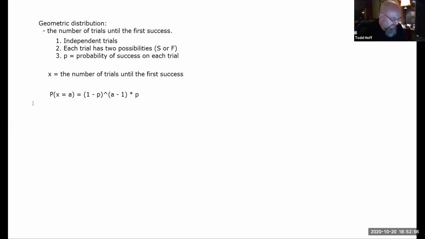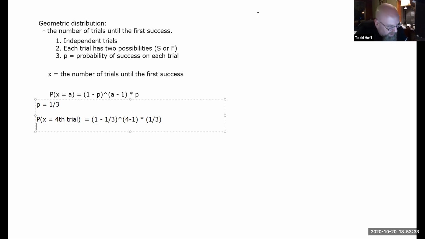So let's look at our example from before, where P is 1/3. We're rolling a die, a 1 or a 2 is a success, and 3, 4, 5, or 6 are failures. What's the probability that our first success will be on the 4th trial? Well, that's going to be (1 minus 1/3) to the power of 4 minus 1, or 3, times 1/3.